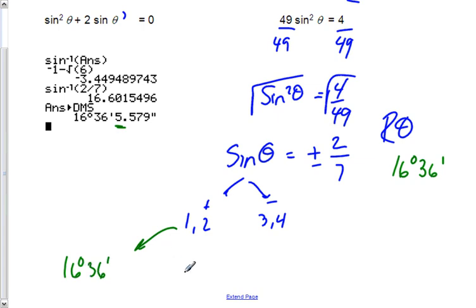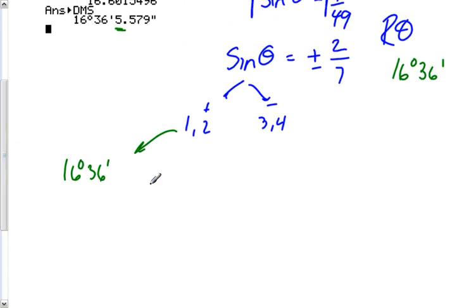Now, step 2 is I just have to find the rest of them. If I'm in quadrant 2, angles are 180 minus our reference angle, minus 16 degrees and 36 minutes. Now, a little base system subtraction here. We're going to have to borrow to do all this.